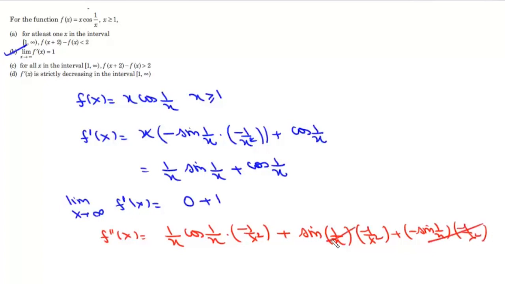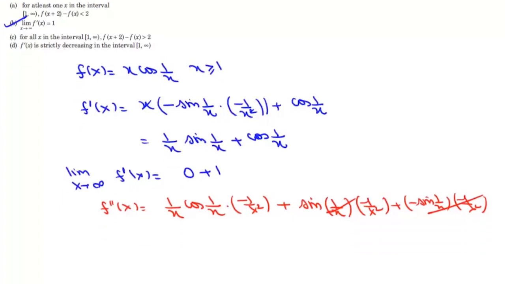Now I'll cancel. So this f double dash x is minus 1 upon x cube cos(1/x).